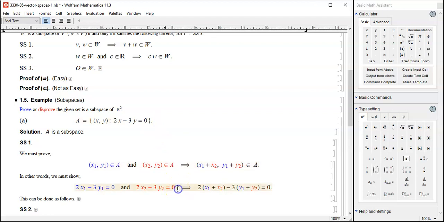So red becomes this red. Ready? x1, y1 gave you that. x2, y2 gave you that. And then what do you want to prove? 2 times (x1 plus x2) minus 3 times (y1 plus y2) equal to 0. This is what we have to prove. So this is a setup.